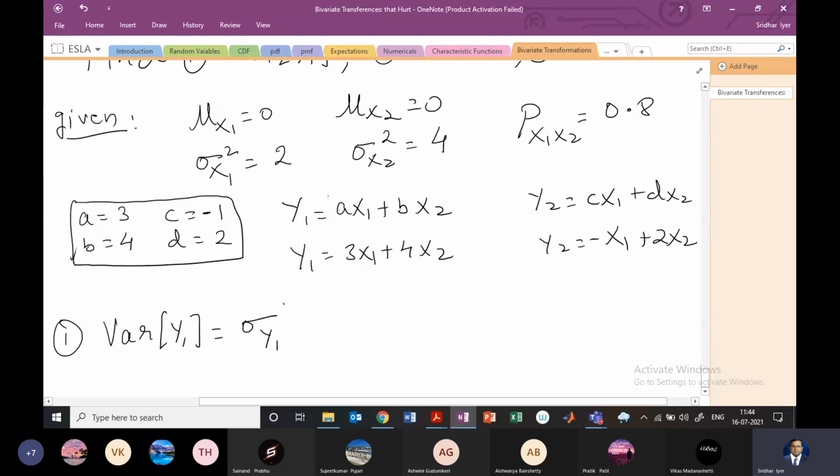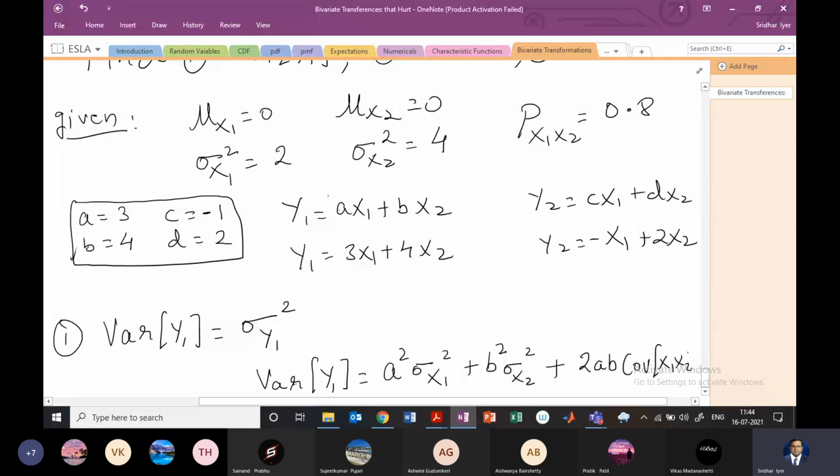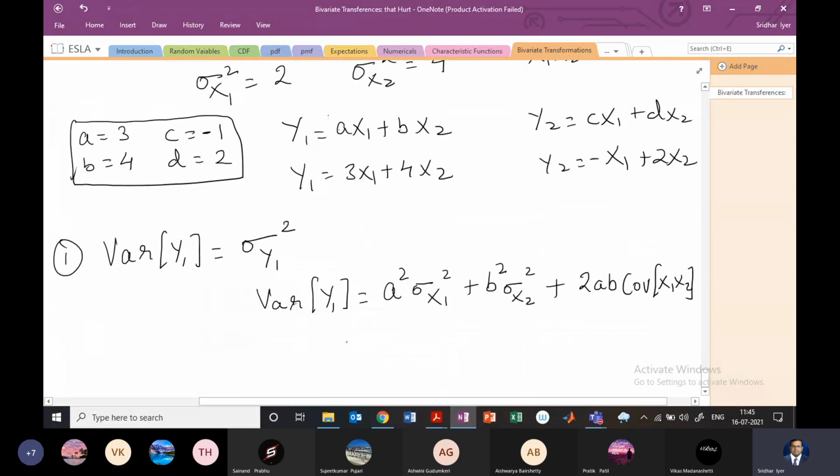Now we know that the variance of y1 will be of the form, I'm not deriving it, we derived it in the last numerical, a square sigma x1 square plus b square sigma x2 square plus 2ab covariance of x1 x2. I derived this in the last problem.